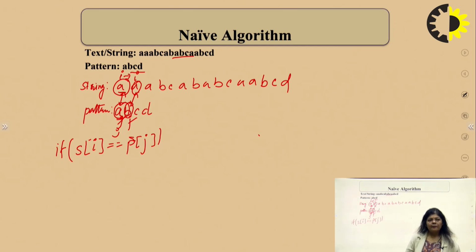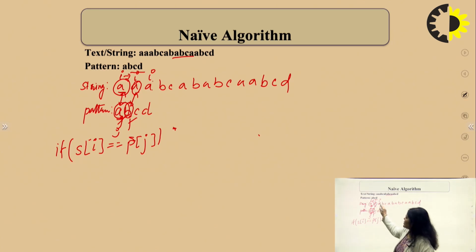So now I is going to be reverted back to the position 1 greater than the initial position. So initially we started I from here, and now I need to restart it from the second position onwards. Since I is already there, I will simply increase I. So now I will be increased by 1 position.